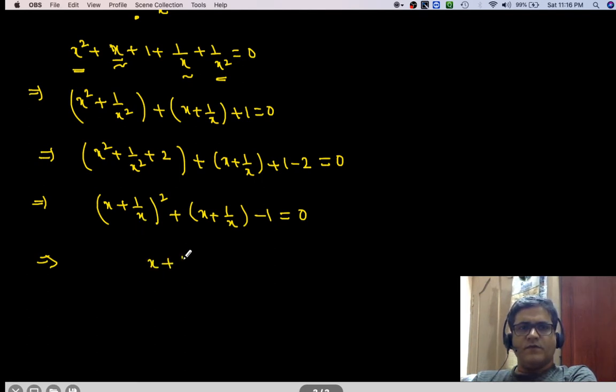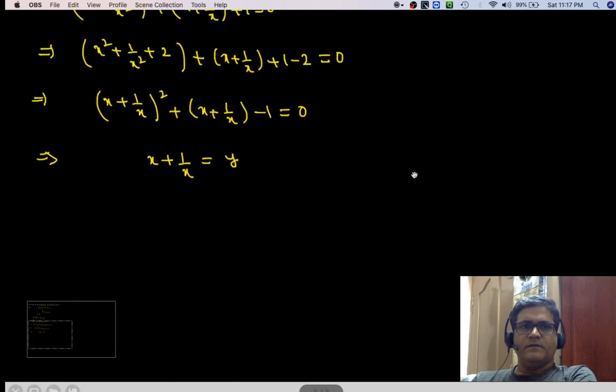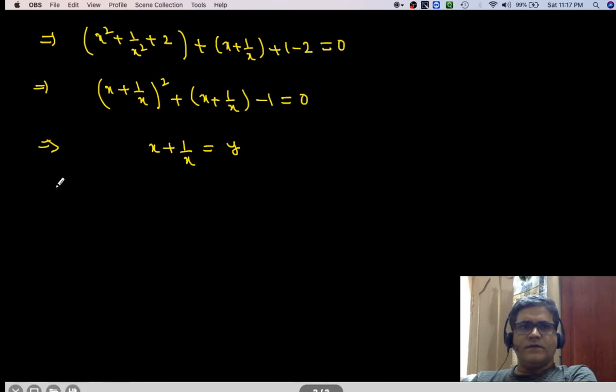So for algebraic simplification, I will replace x plus 1 by x by y. With this substitution, this equation becomes a quadratic in y, that is y square plus y minus 1 is equal to 0.